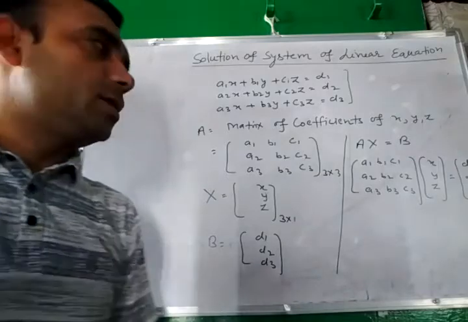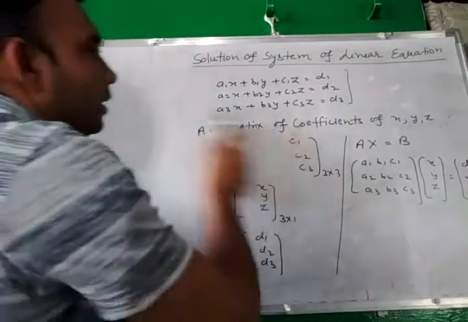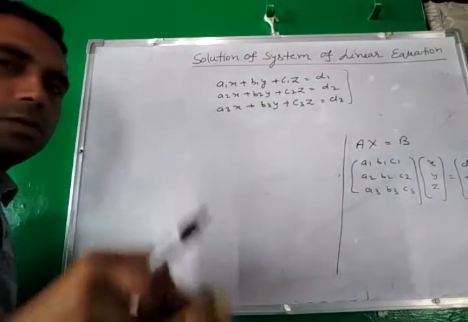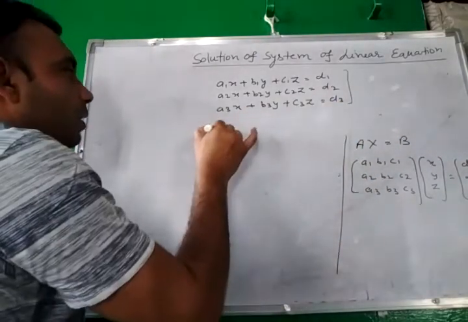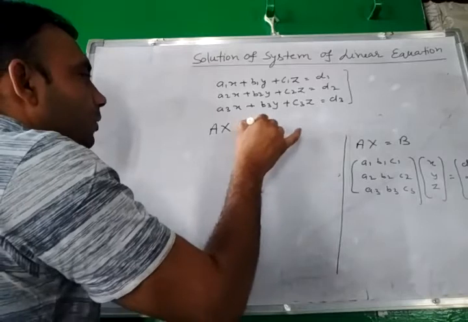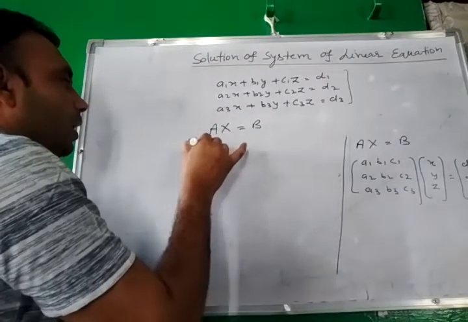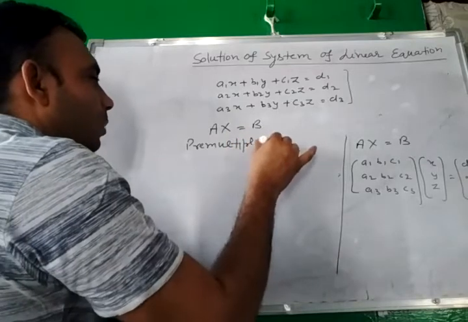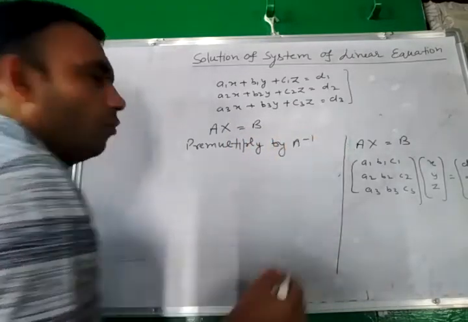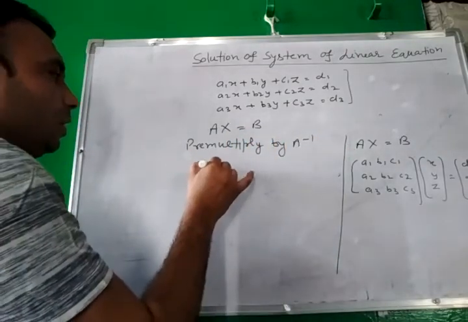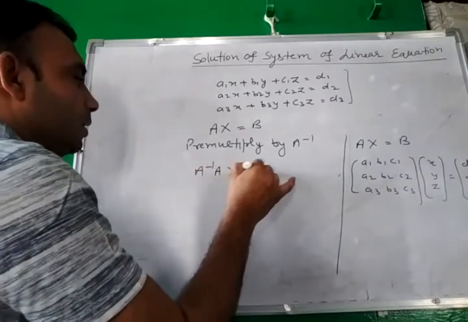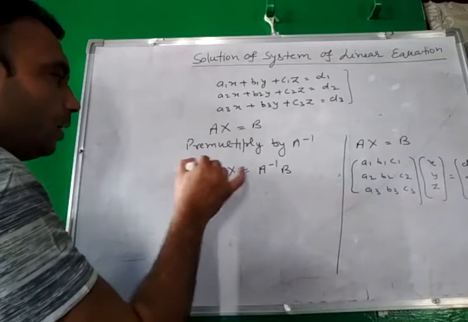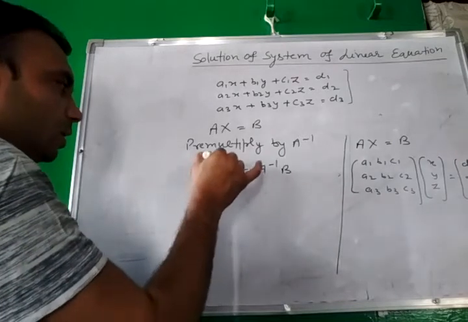Now AX = B. If we pre-multiply by A inverse, what do we get? A inverse A X is equal to A inverse B. A inverse A is what?